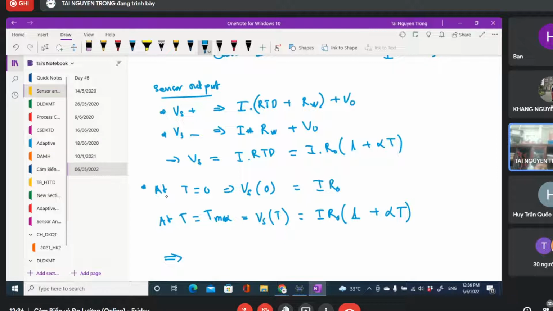We can take a relationship. This is the lead angle we add to the system.